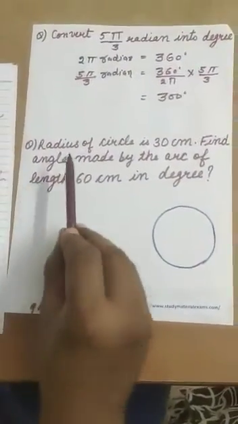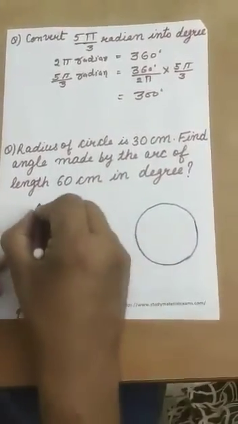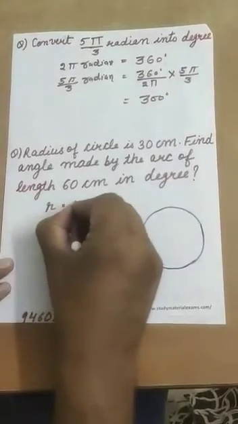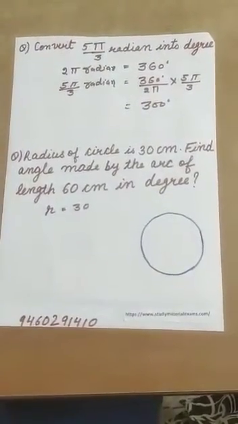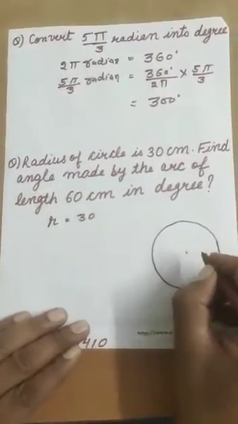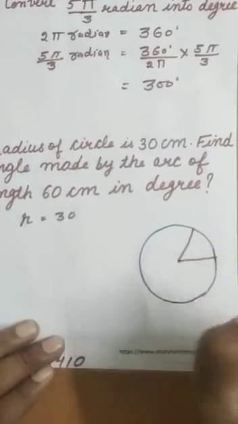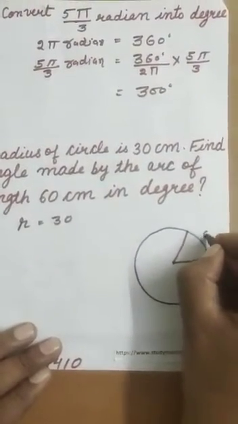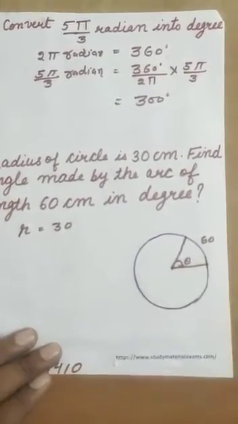Here in the question it is given that the radius of the circle is 30 centimeters, meaning r equals 30 centimeter. Find the angle made by the arc of length 60 centimeter in degree. Suppose there is an arc whose length is 60 centimeter. We have to determine the value of theta.